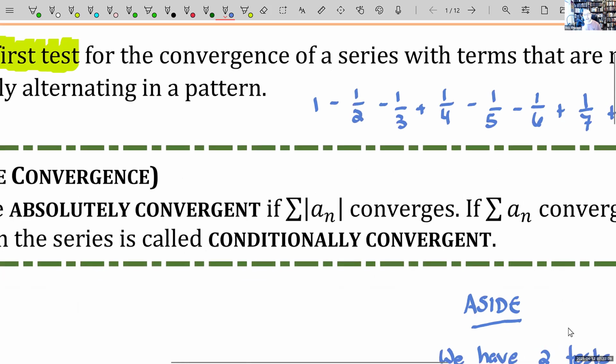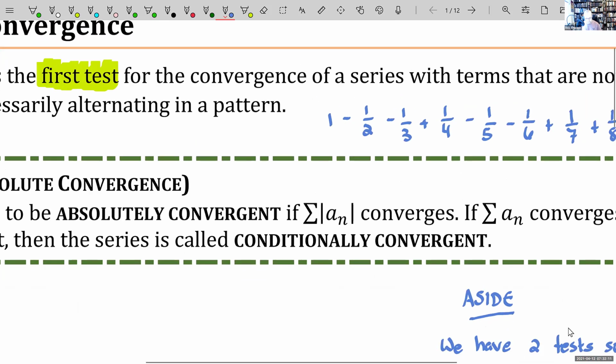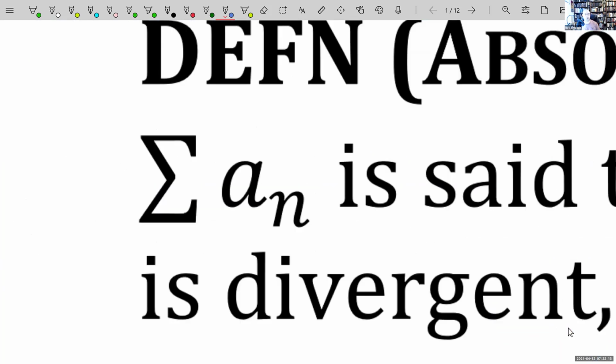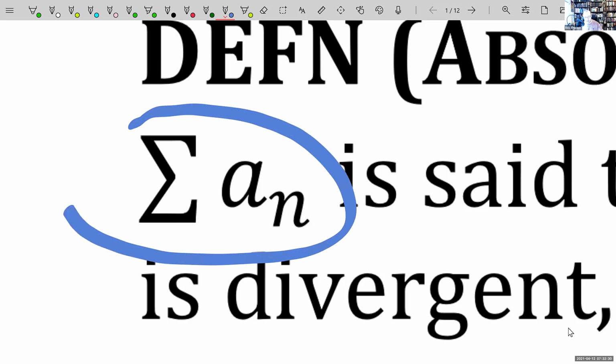In other words, if you're handed a series that contains some negative terms, it is said to be absolutely convergent if, when you just add up everything and force every term to be positive, it still converges. Then we would say this series is absolutely convergent.